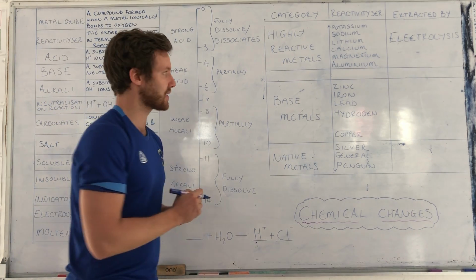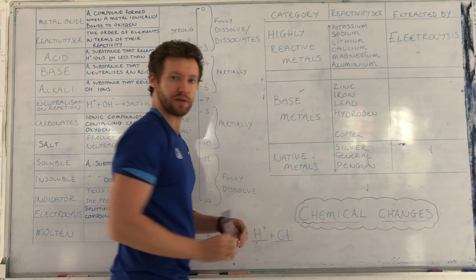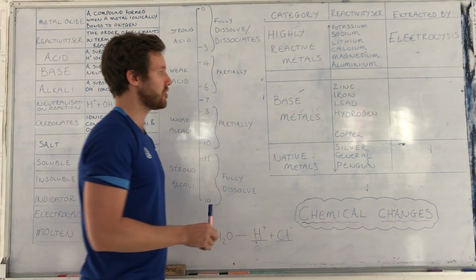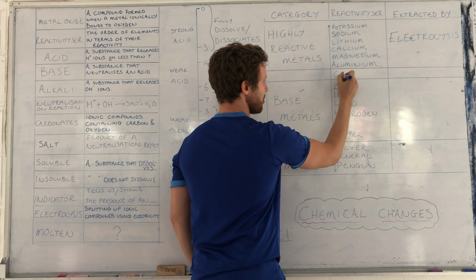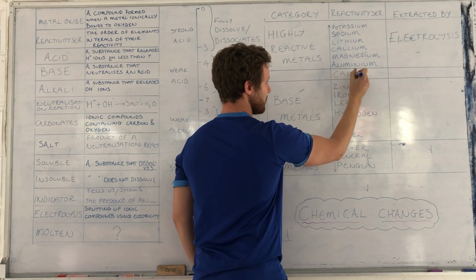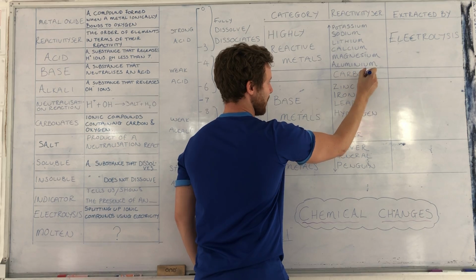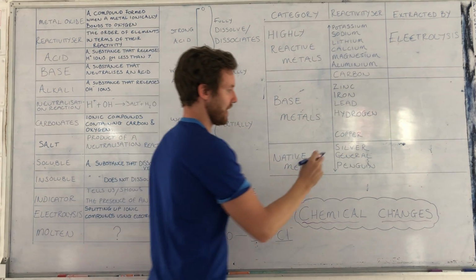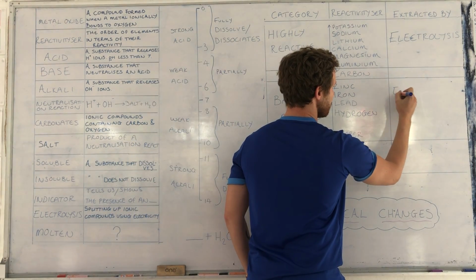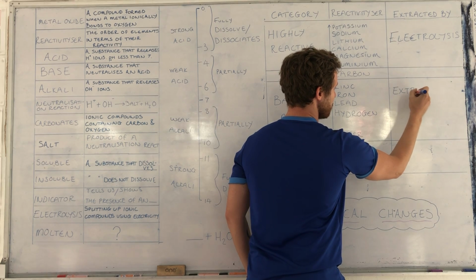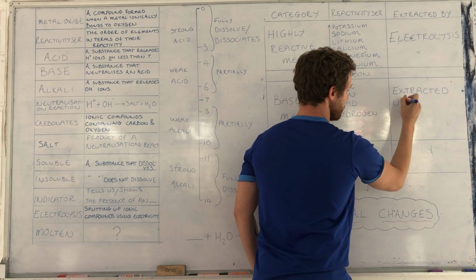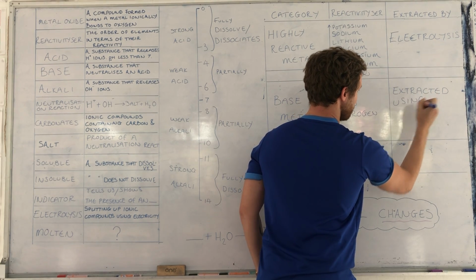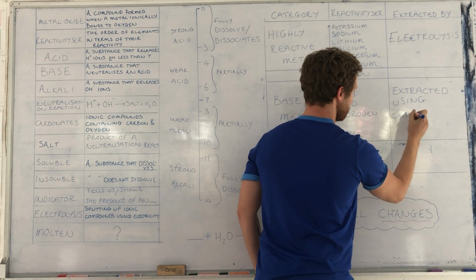Our base metals, and there is some reason for the madness here. I've not just left a gap. Any base metals, I'm going to place that in here. Carbon, so our base metals, they can be extracted using carbon.